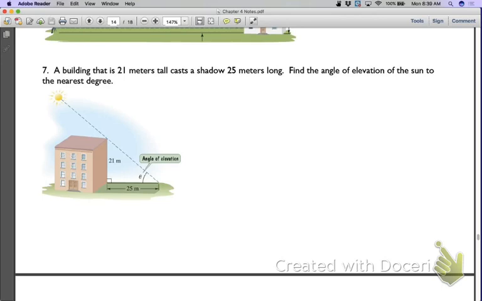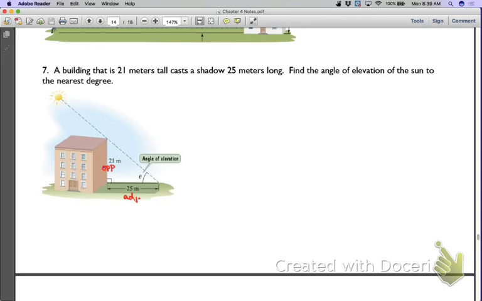So now that I'm trying to find theta, what is 21? Is 21 opposite, adjacent, or hypotenuse to my angle that I have? It's opposite. So 25 meters then is going to be adjacent.